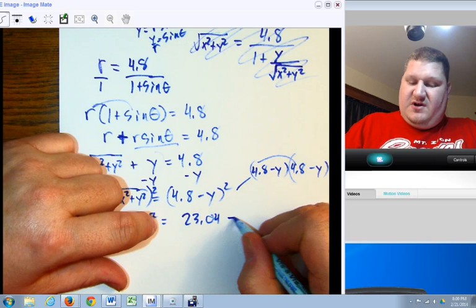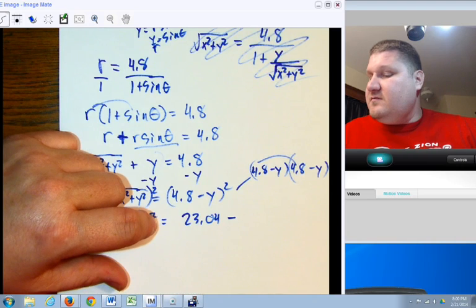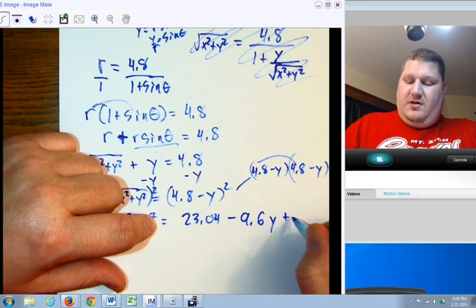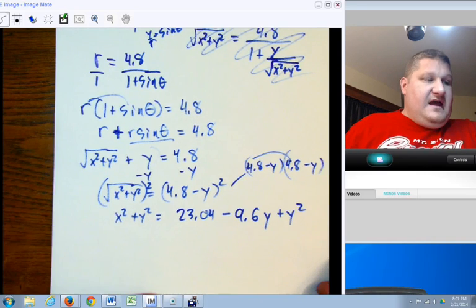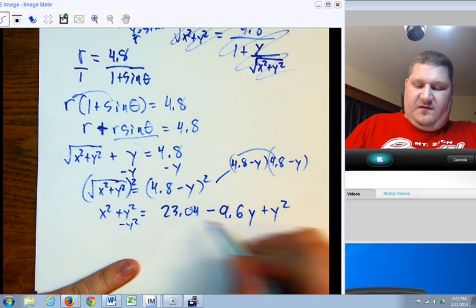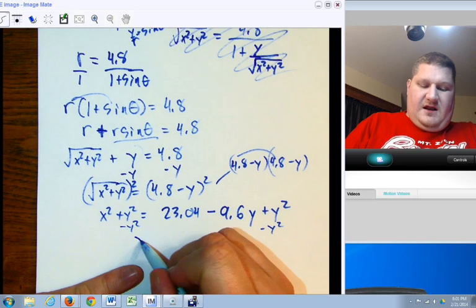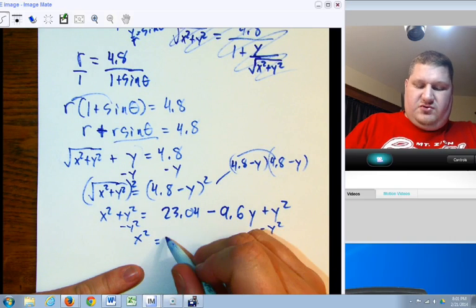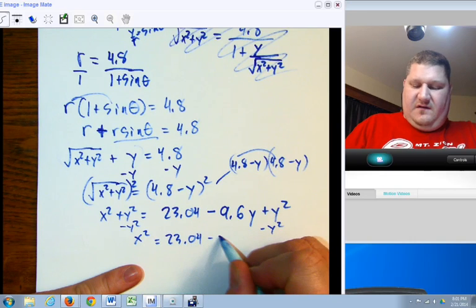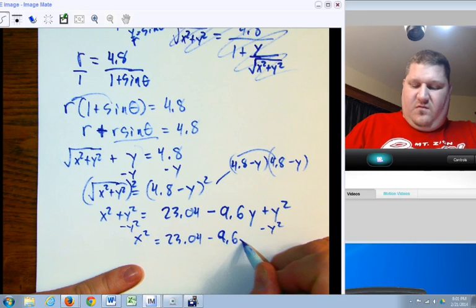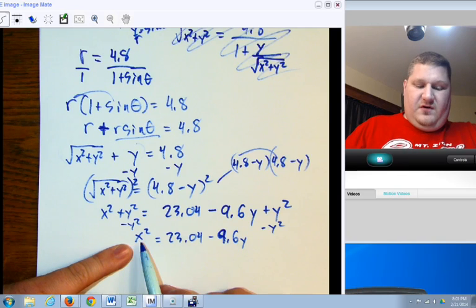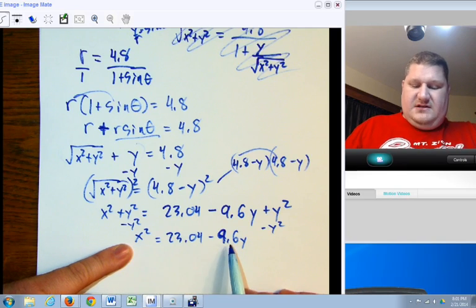Twice the cross product, so minus 9.6y plus y squared. At this point, I can subtract y squared from both sides, and I have x squared equals 23.04 minus 9.6y, and that is obviously a parabola because I have one squared term, one non-squared term.